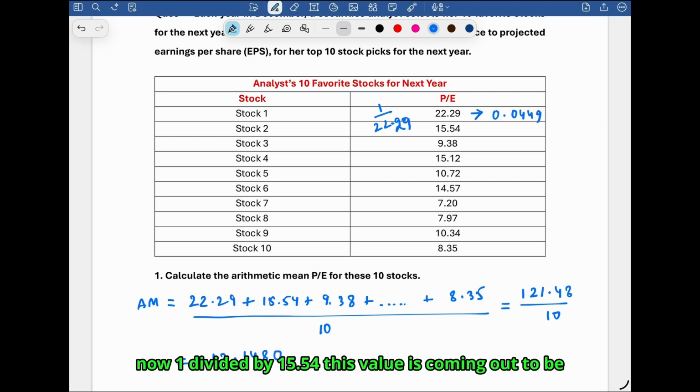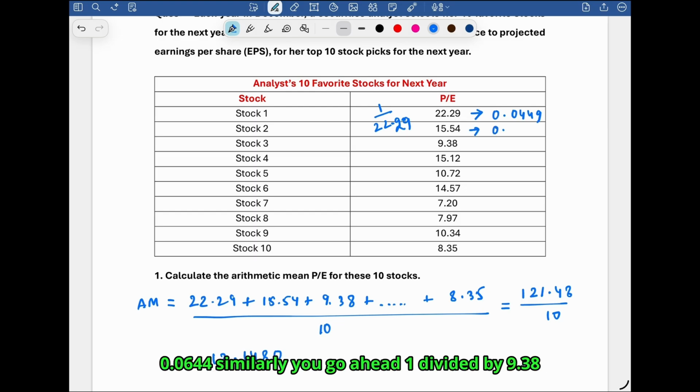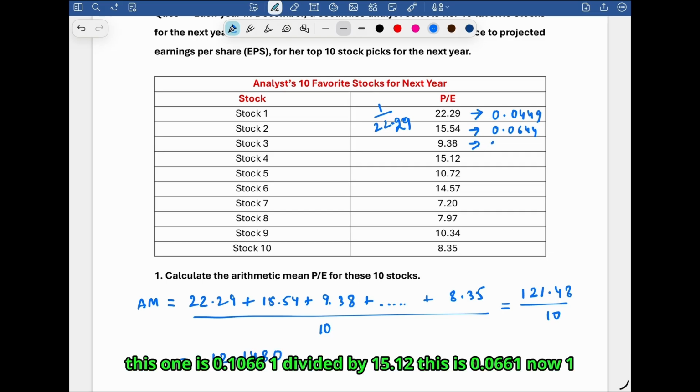Now 1 divided by 15.54. This value is coming out to be 0.0644. Similarly, you go ahead. 1 divided by 9.38. This one is 0.1066. 1 divided by 15.12.